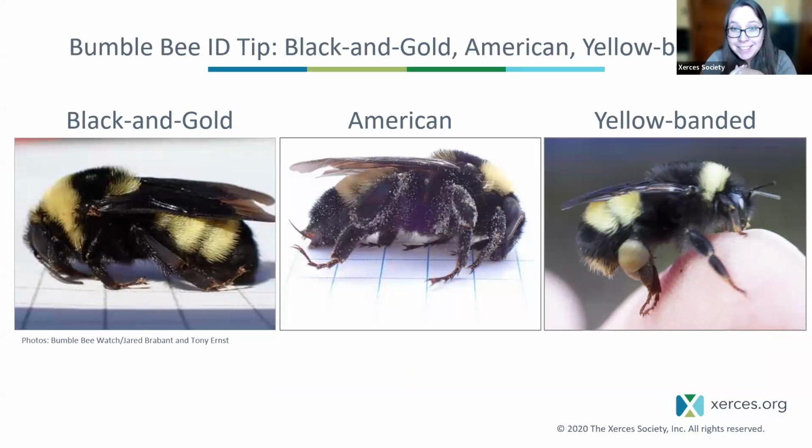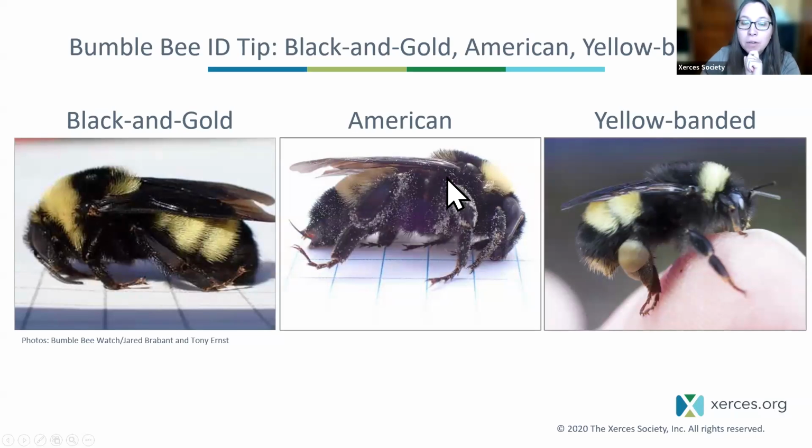So, as you can imagine, it can be easy to mix up yellow-banded bumblebees with the other darker bees that you may encounter in the regions that you're in. So the first thing, as I mentioned earlier, that I like to look out for is just the general shape of the bee. Yellow-banded bumblebees have a shorter, rounder looking abdomen compared to the American bumblebee and the black and gold bumblebee, which tend to be a lot longer looking.